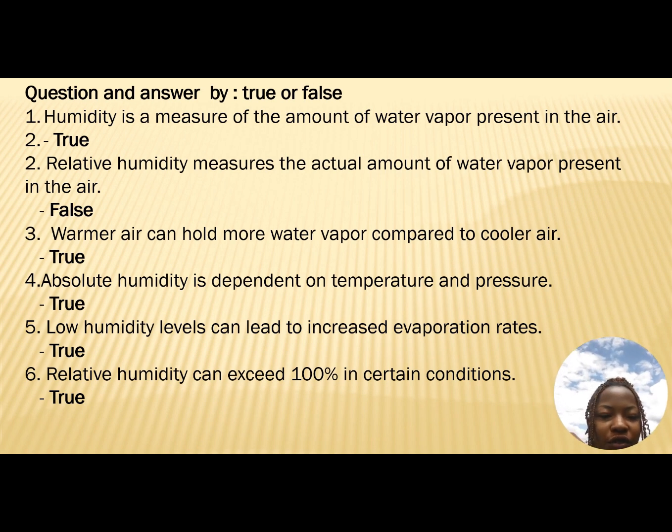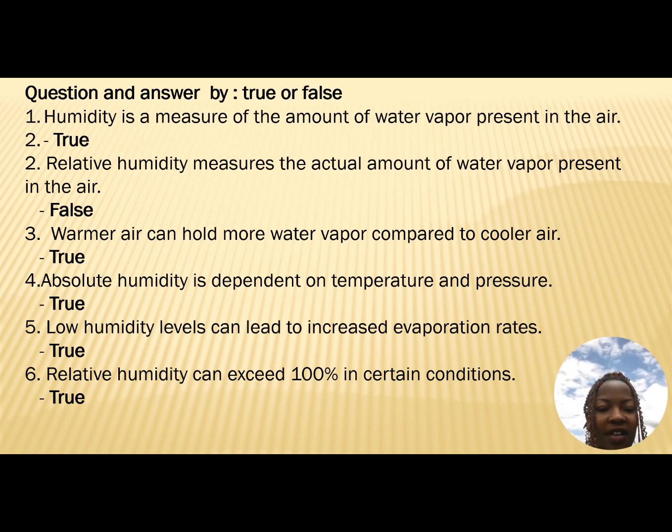Here are some questions on these factors. Question and answer using true or false. 1. Humidity is a measure of the amount of water vapor present in the air. The answer is true. Second, relative humidity measures the actual amount of water vapor present in the air.